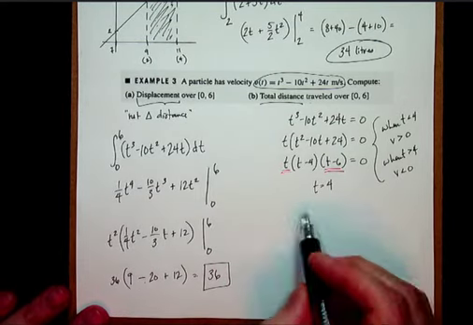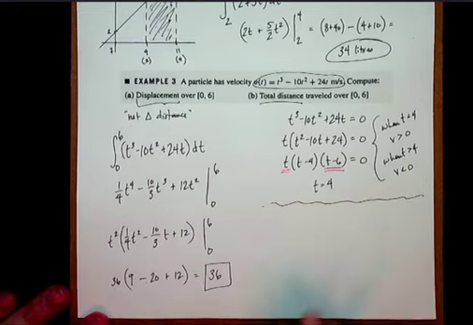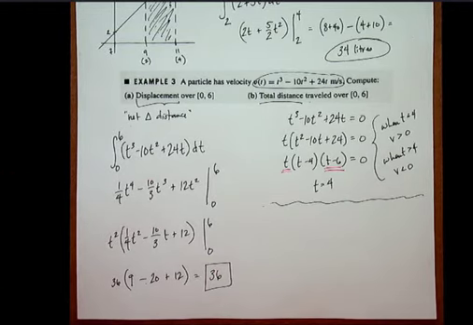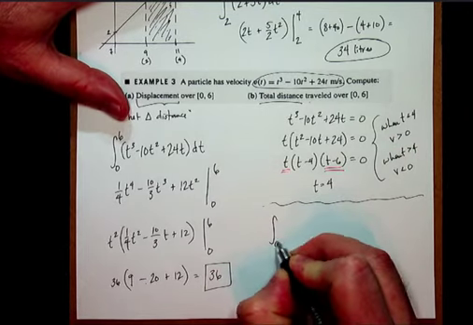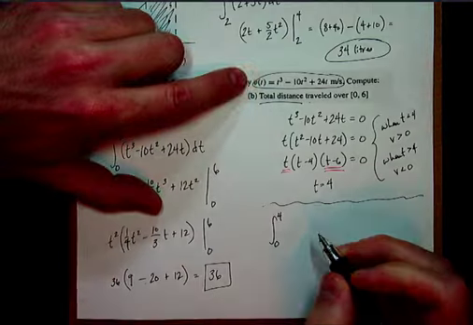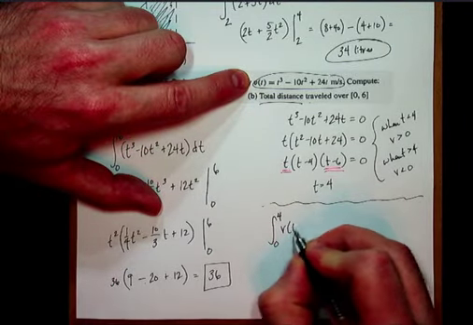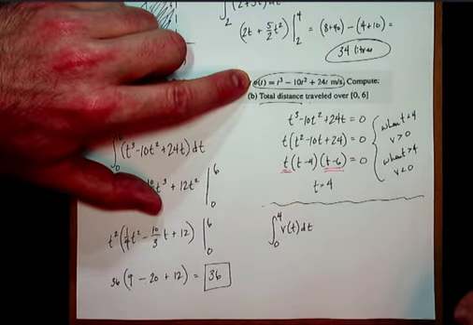What needs to happen over here, and I won't work it all the way out, is that if I know the velocity is positive between 0 and 4, then 0 to 4 of this v of t right here is going to give me a positive distance.